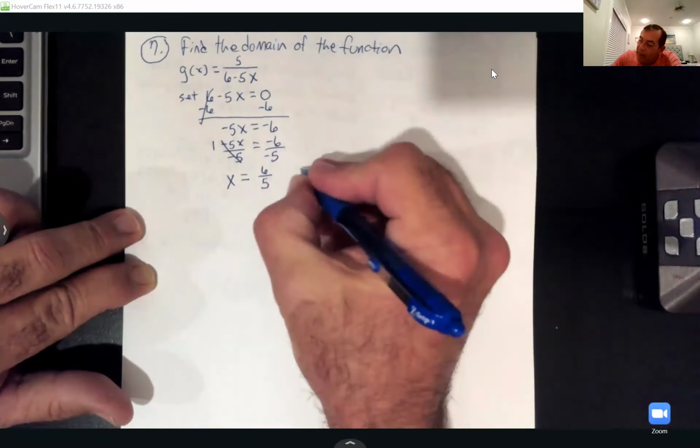So the answer you want to choose will be x such that x is a real number, and then they'll give you a little box right here. In that little box, you want to put x not equal to 6/5.